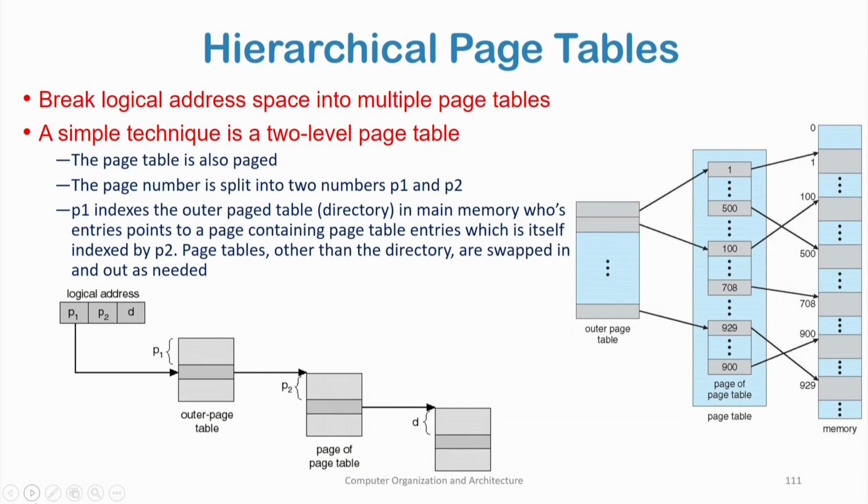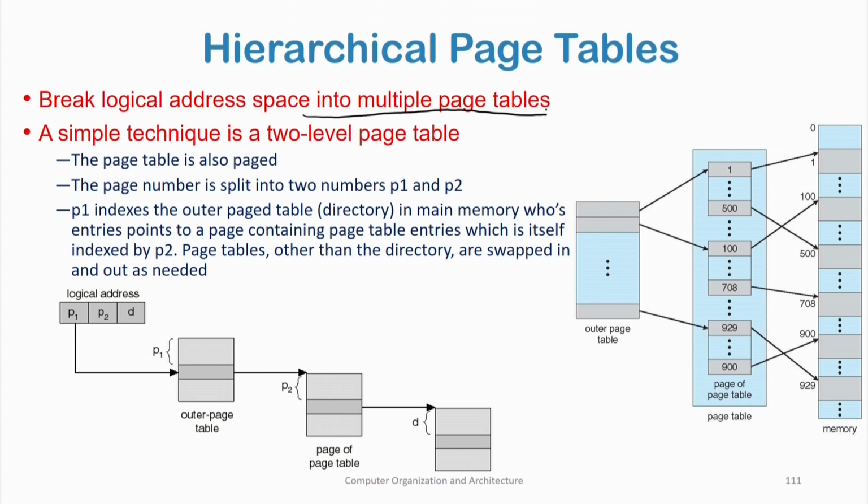Then we come to hierarchical page tables. Here we do not go into segmentation, we do not have segmentation, but we have multiple page table levels: hierarchical page tables, or multi-level page tables. We break the logical address space into multiple page tables.